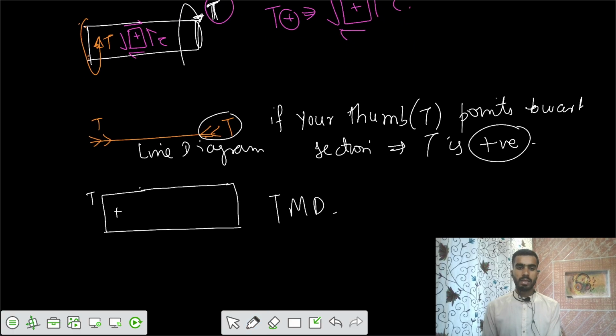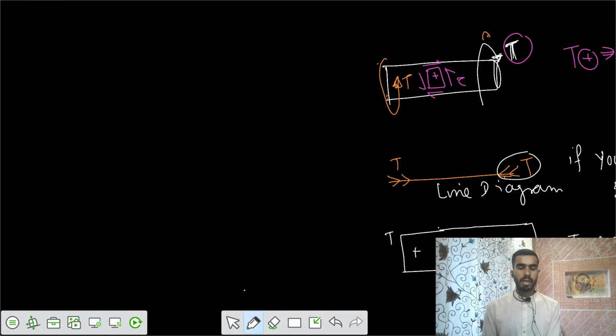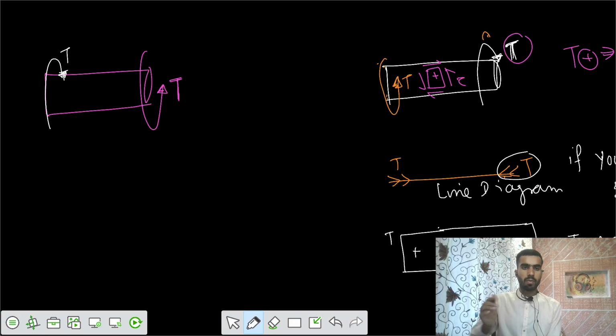Now one more thing: if your torque is applied in the anti-clockwise direction, let's say you applied a torque in the anti-clockwise direction. Now there would be a balancing clockwise torque, twisting moment, on the other side. So this is your clockwise, anti-clockwise.